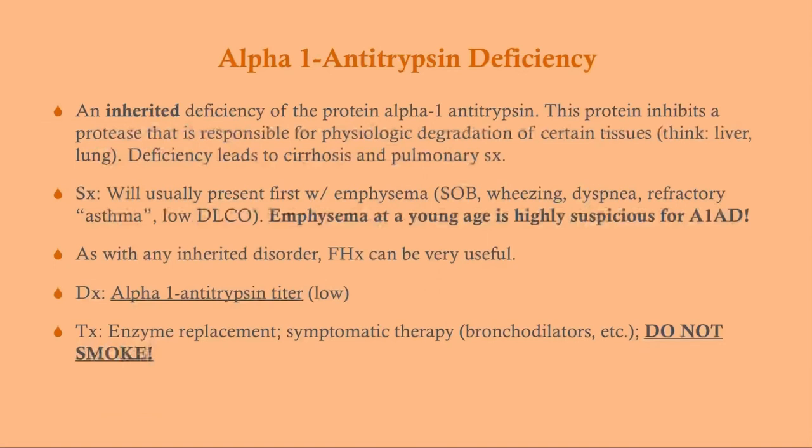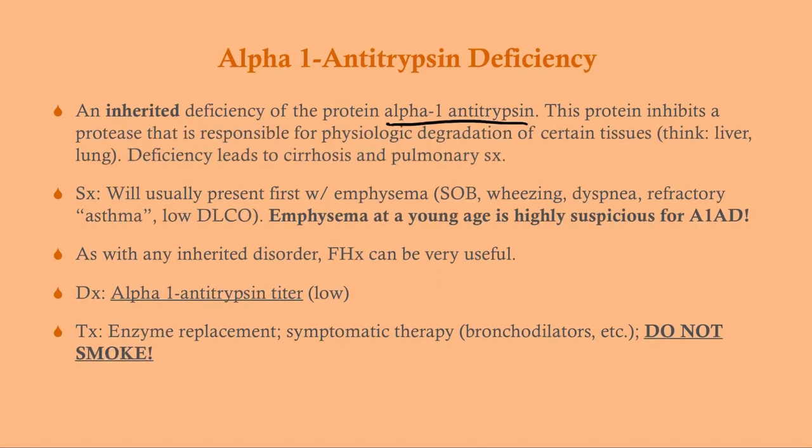Now, alpha-1 antitrypsin deficiency is an inherited deficiency of a protein that is supposed to break things down. It's alpha-1 antitrypsin. I'm sorry, it's not a protein that breaks things down. It's a protein that inhibits a protein that breaks things down. So if you have a deficiency of that, you're going to go crazy with breaking stuff down.